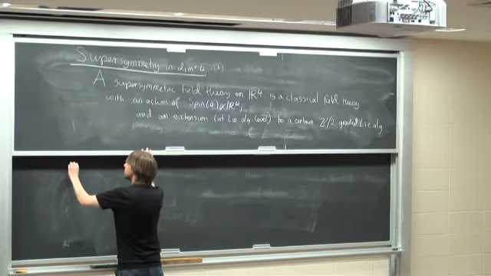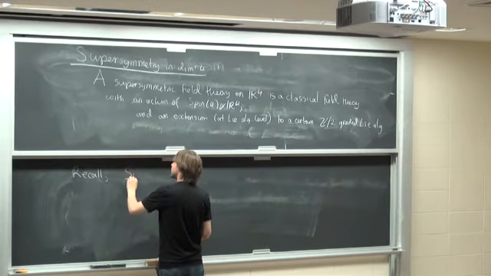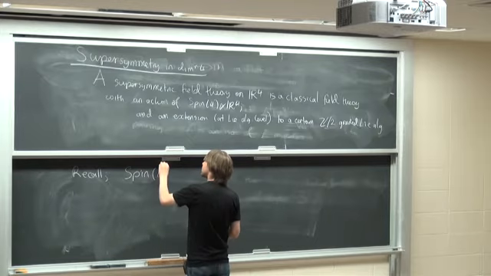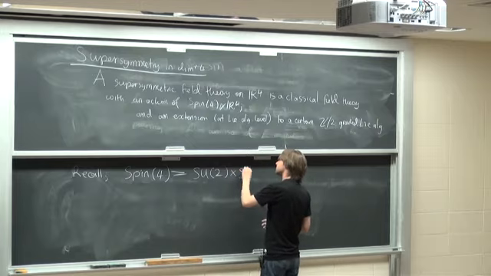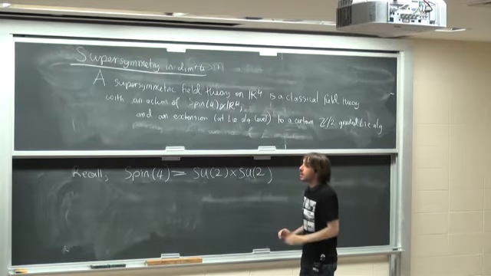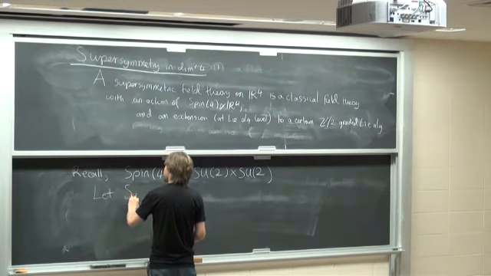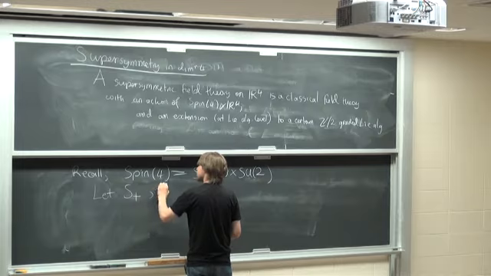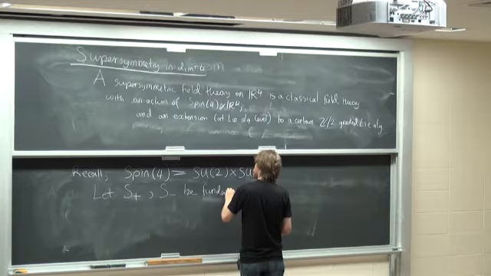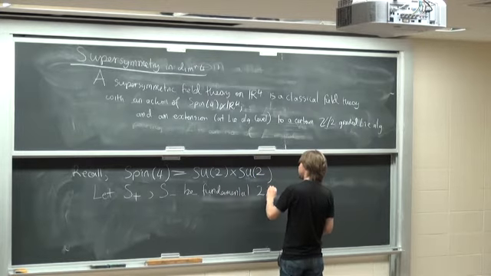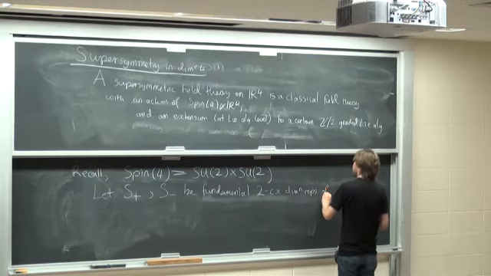So we recall that Spin(4) is 2 copies of SU(2). We let S plus and S minus be the fundamental 2 complex dimensional representations of the 2 copies.